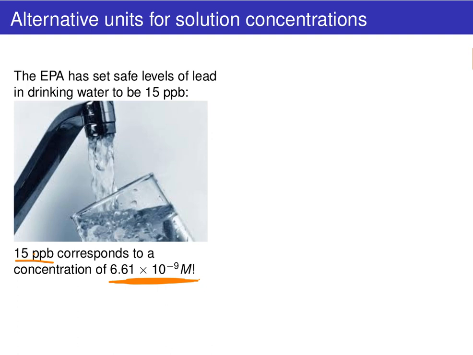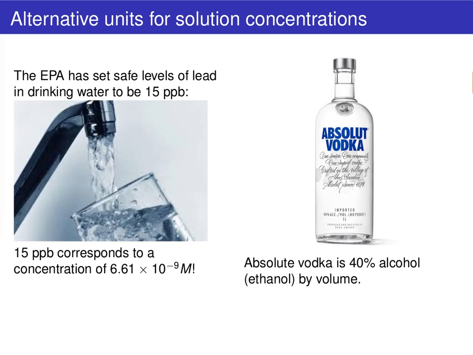If we have these very small concentrations, then alternate units like parts per billion, and, as we'll see shortly, parts per million, become useful. At the other end of the spectrum, if you look at, for example, mixed drinks, you could have concentrations that would be very high, where the solute and solvent are getting pretty close to having the same amount.